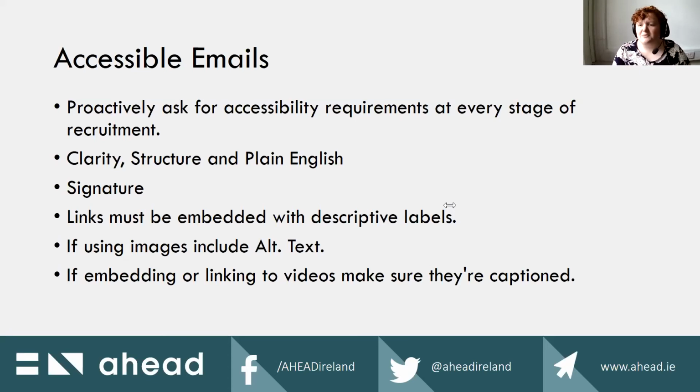In your signature, it's important to include, first of all, your name and then your job title. Pronouns are helpful if you want them. But also at the very bottom, we have a confidentiality statement, but you might have that as well, and you can have something along the lines of, if you're corresponding about an event, if you have accessibility requirements, please contact, and then preferably an email with a name to it.